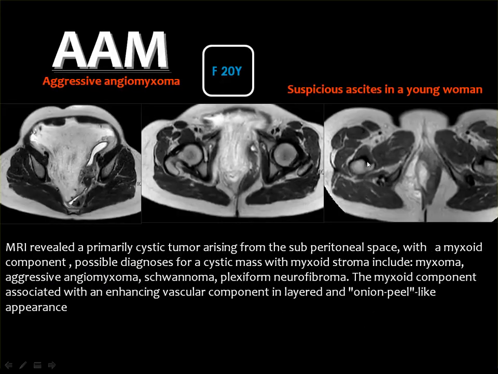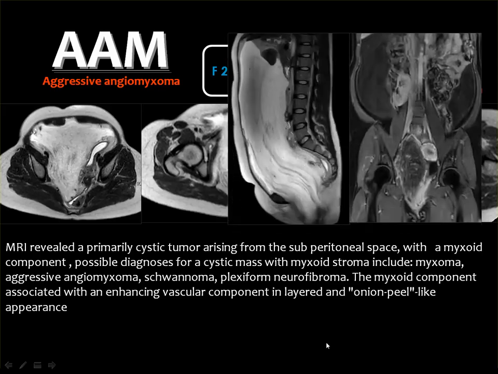And this is an example of a female patient, 20 years old, with a big mass infiltrating the pelvis, compressing and displacing the urinary bladder and the rectum. And you see the striated appearance or the characteristic swirled appearance. And this is the sagittal image.